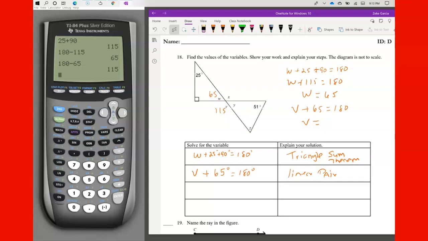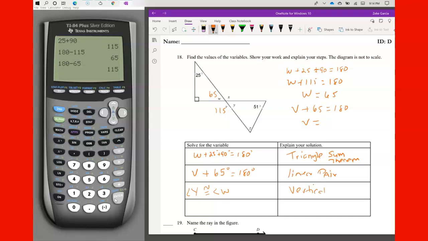We know that angle Y is congruent to angle W. Why? Because of vertical angles.